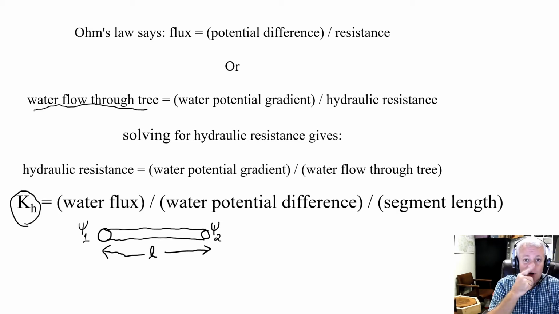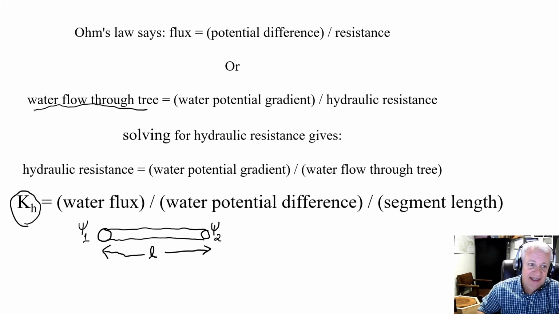That allows us to normalize that pressure difference. And the amount of water that flows through that segment at that water potential difference would give us the water flux. And then that would allow us to plug everything into the right-hand side of that equation and derive a hydraulic conductance.